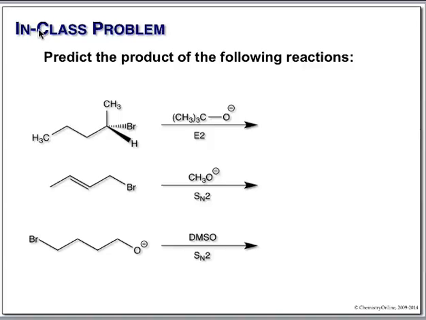We're going to eliminate going down this way. There are two possible products you could get because there are two hydrogens here. You could pull off either one. You would either get this, the cis isomer, or the trans isomer. Either one would be fine. Once again, there are two hydrogens here, so you can get either cis or trans.